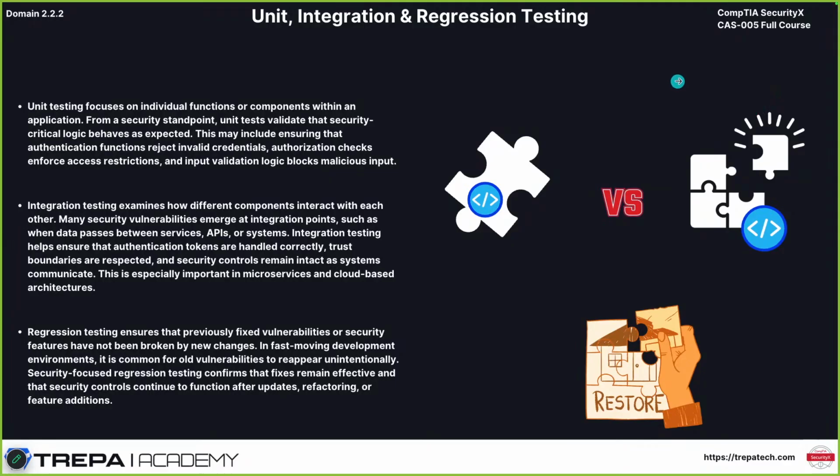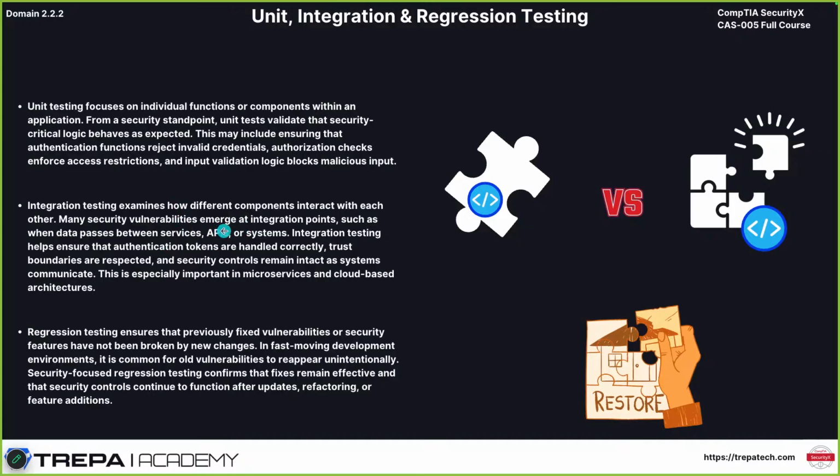Okay, now let's go over some different types of testing. Y'all ready? Unit, integration, and regression testing. Unit testing focuses on individual functions or components within an application. From a security standpoint, unit tests validate that security-critical logic behaves as expected. Integration testing examines how different components interact with each other.